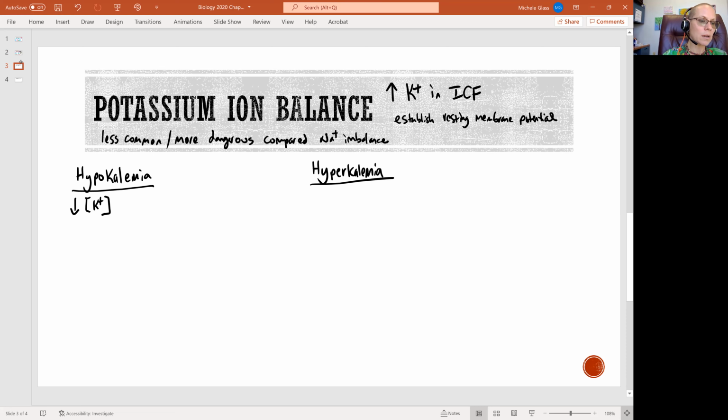And when we talk about this, the causes can be a decreased dietary intake. So if you're not getting enough from your diet, and really that's rare. So that's an indicator of maybe starvation.